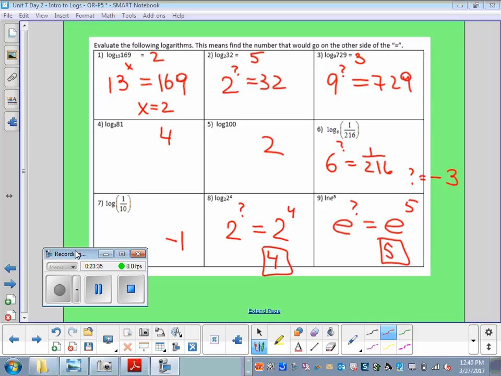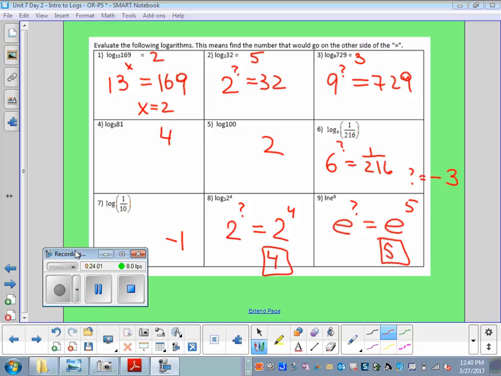My base for natural log is e. So when I'm converting from natural log to exponential form, I have e to the power of something equal, and the answer should be the argument of the log, which is e to the power of 5. The argument to this natural log function is whatever is after ln, so e to the power of 5.